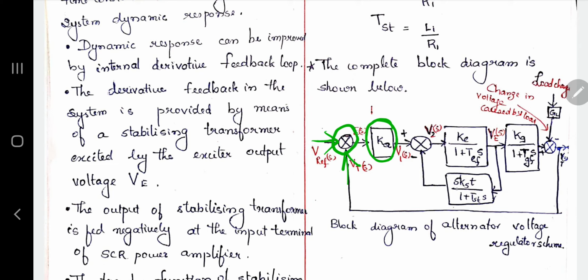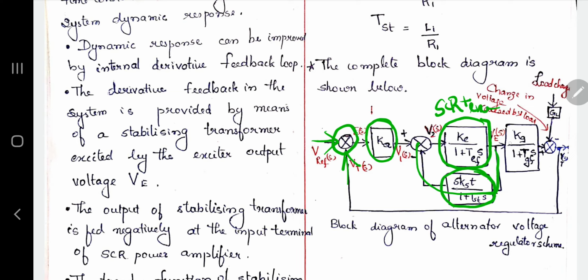Then comes the stabilizing transformer. There is a derivative loop here, and the transfer function of the stabilizing transformer is represented here. This shows the transfer function of the SCR power amplifier and the exciter field.